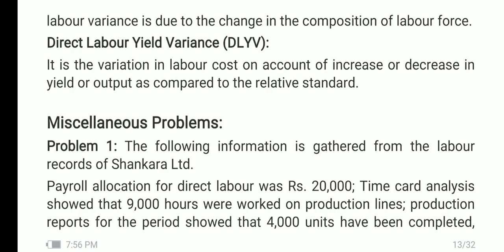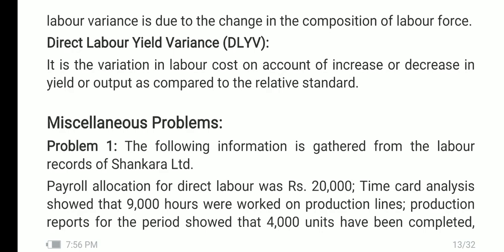Direct labor yield variance, that is DLYV. It is the variation in labor cost on account of increase or decrease in yield or output as compared to the relative standard. It is similar to material.